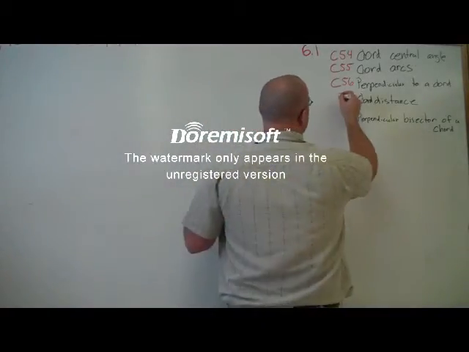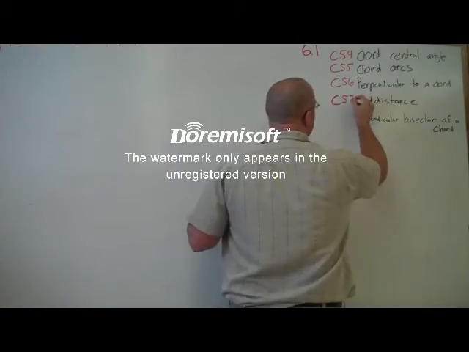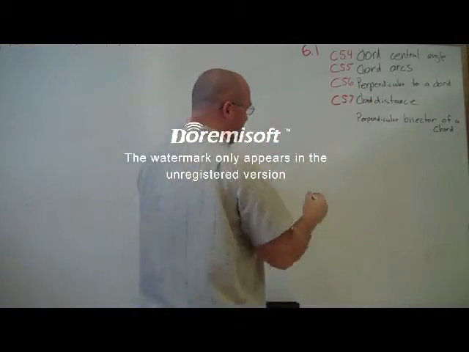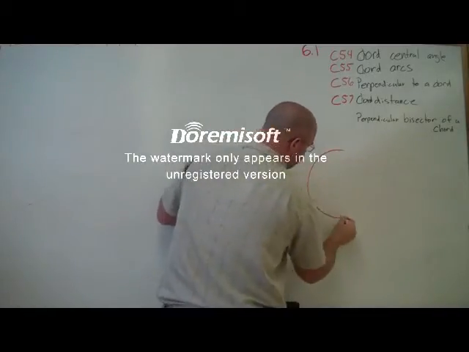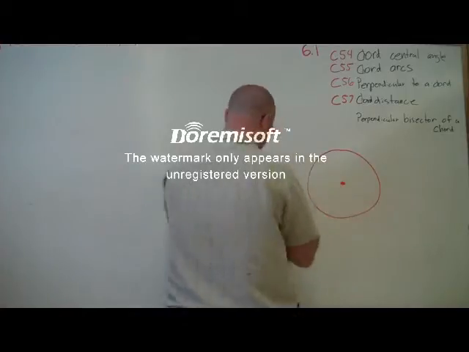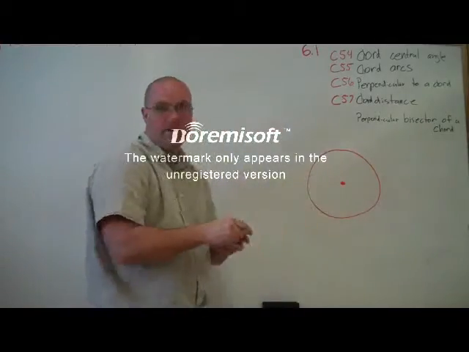Now, C57. We have another circle, and here we have a center.